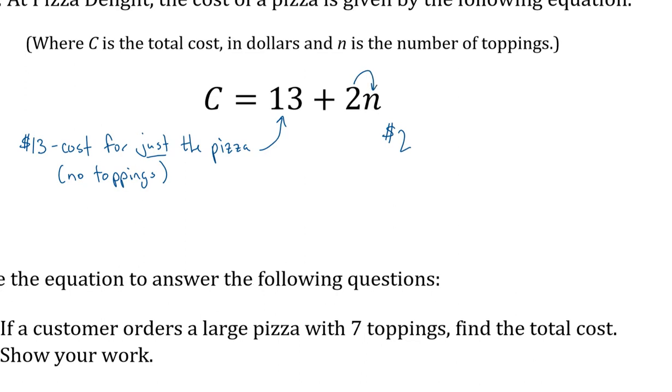This is that substitution that we talked about at the very beginning of this course, and I've said over and over again, it's going to keep coming up. If I want 3 toppings, then N is 3. 2 times 3 would be 6. So I'd be paying $6 for the toppings. So the $2 is the cost per topping.